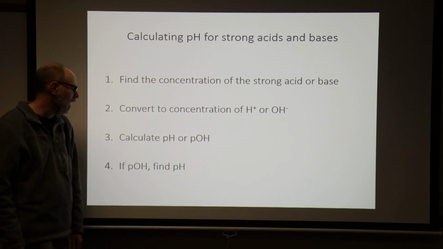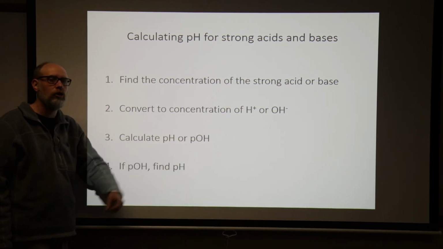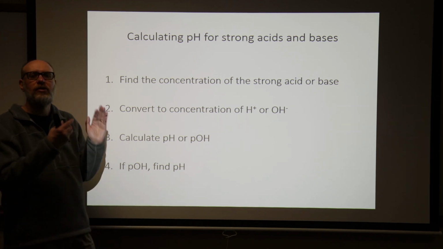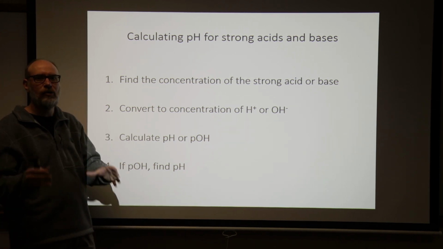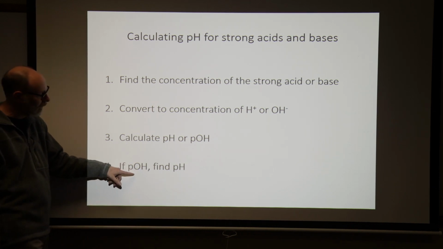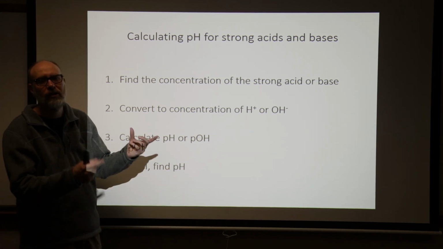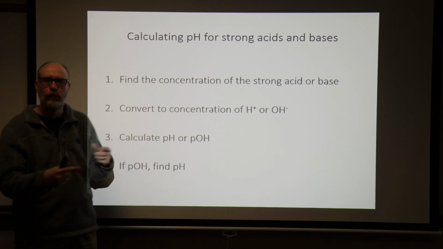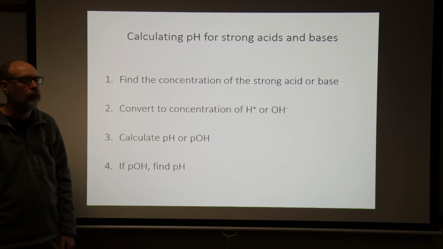I'm going to show you how to do that. And then calculate the pH or the pOH from that solution. There's no equilibrium involved here. It's stoichiometry only. If we have a base and we calculate pOH, then we have to say pH plus pOH equals 14 and figure out what the pH would be.